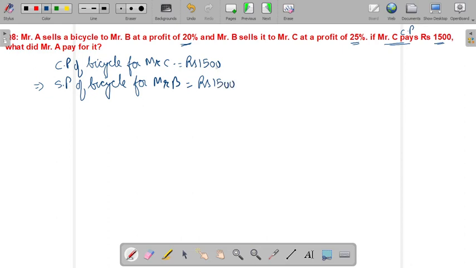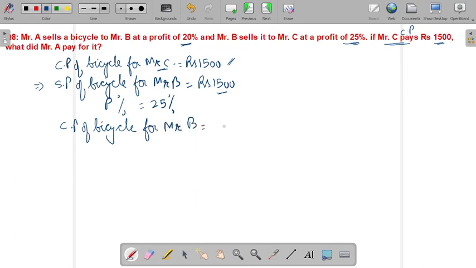Why? C is purchasing and Mr. B is selling. So at how much did he sell? So that Mr. C purchases for 1500. So the selling price for Mr. B will be 1500, and it is given that while selling it the profit percent is 25%. Now we will find out the cost price of bicycle for Mr. B: 100 upon (100 plus profit percent) multiply SP.